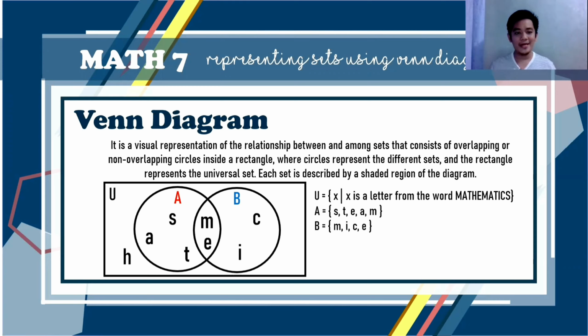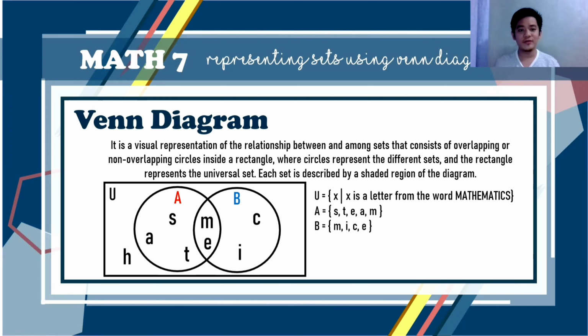Since the elements M and E are found in both sets A and B, they will be the intersection of our two sets. And since they are the intersection of our two sets, in a Venn diagram, we write them in the intersection of our two circles.